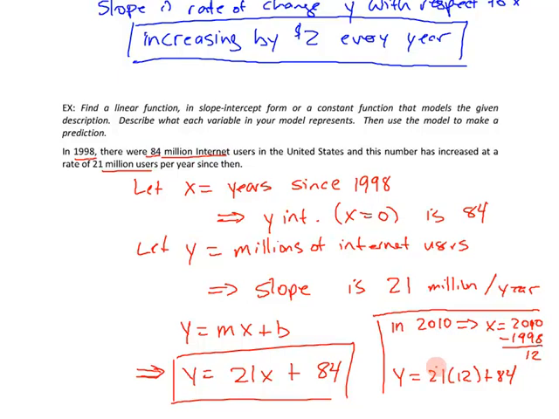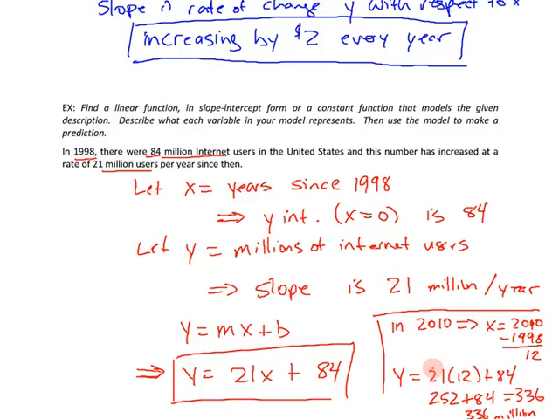So 21 times 12 is 252. So 252 plus 84 is 336. That suggests that there'd be 336 million internet users by this particular model.